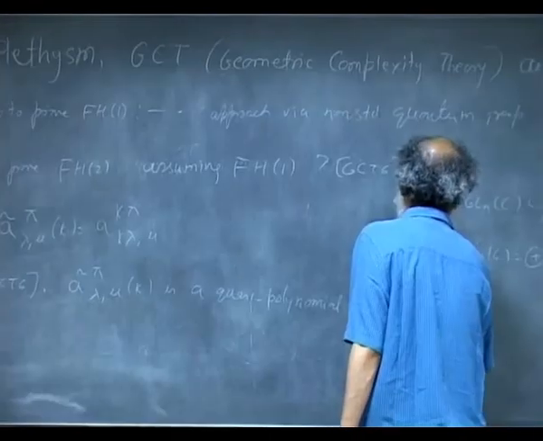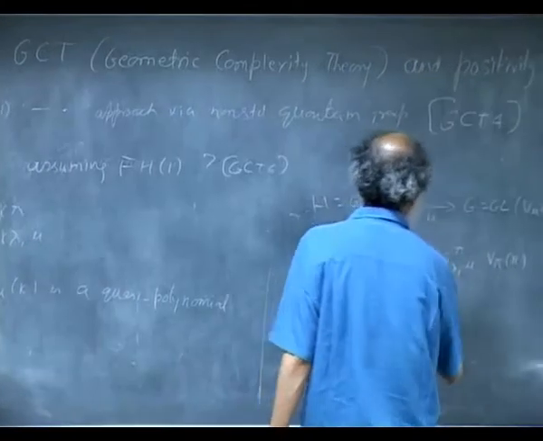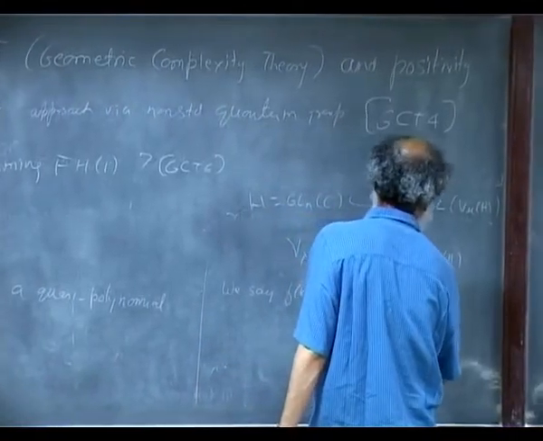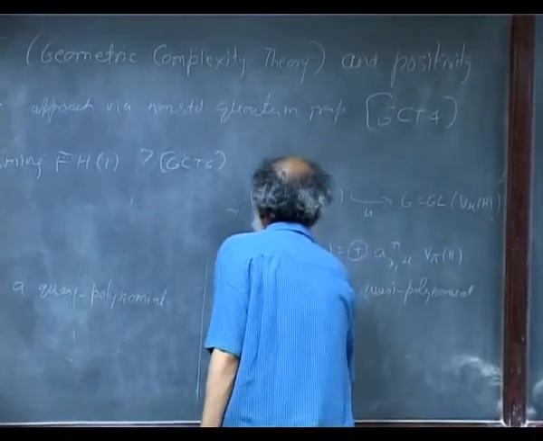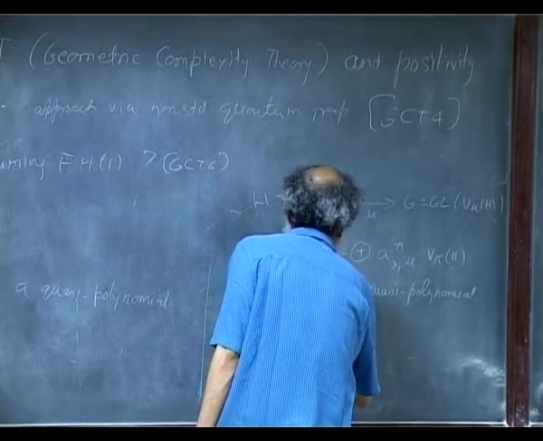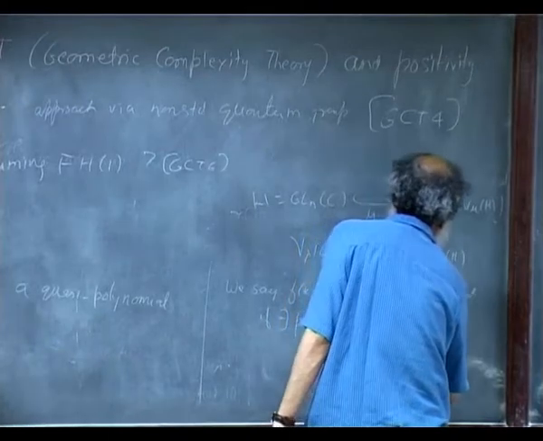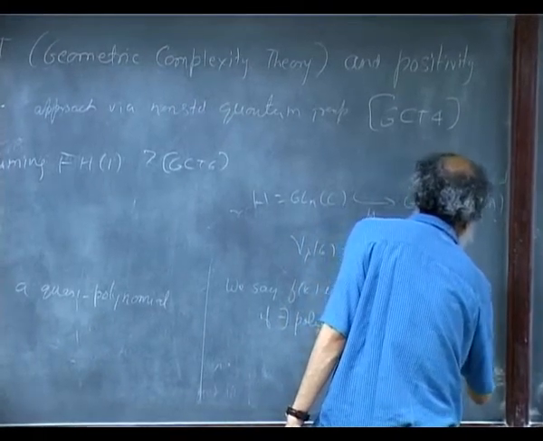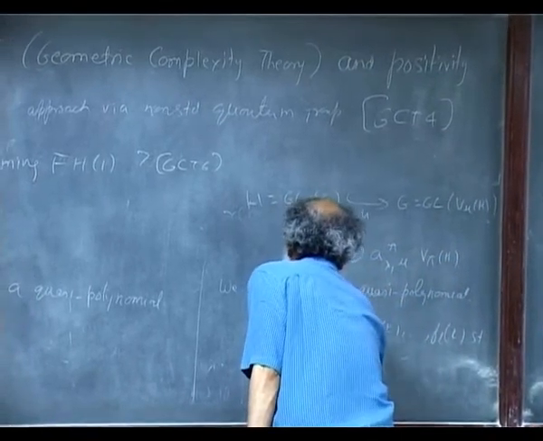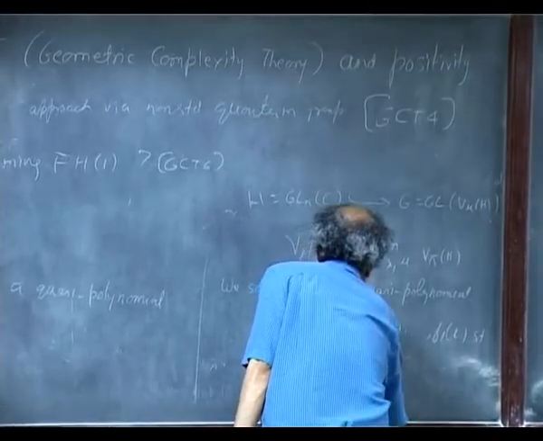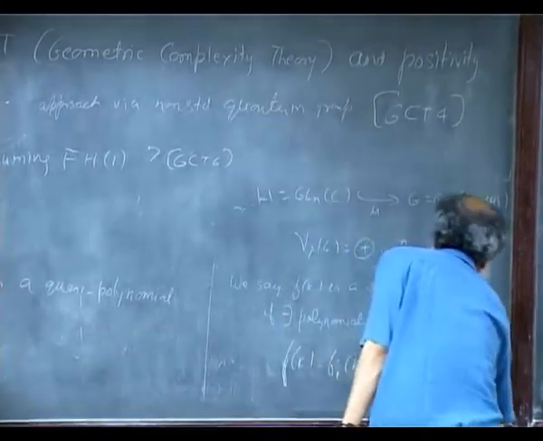We say that f(k) is a quasi polynomial if there exist polynomials, some set of polynomials f_1(k) to f_l(k), such that f(k) is equal to f_i(k) if k is equal to i mod l.